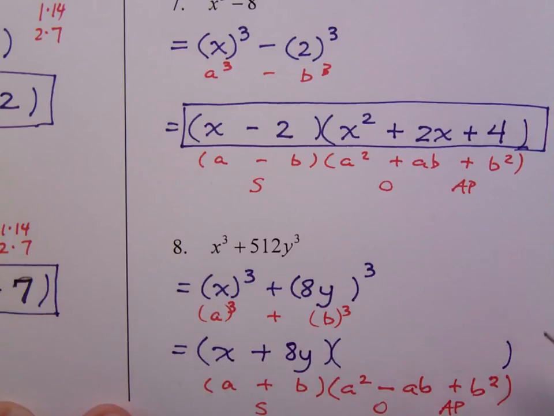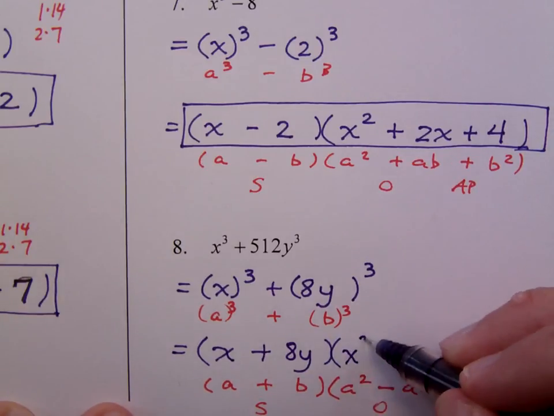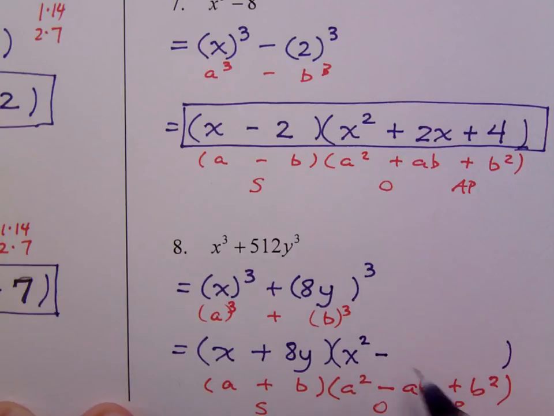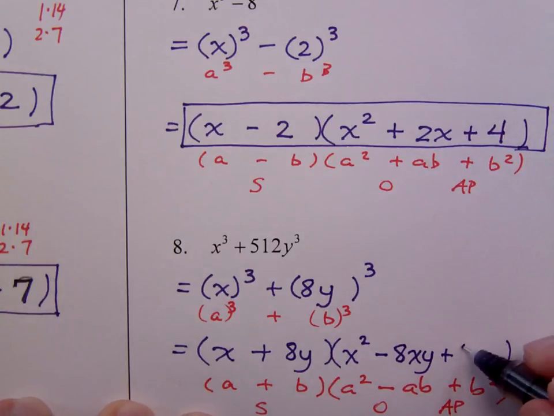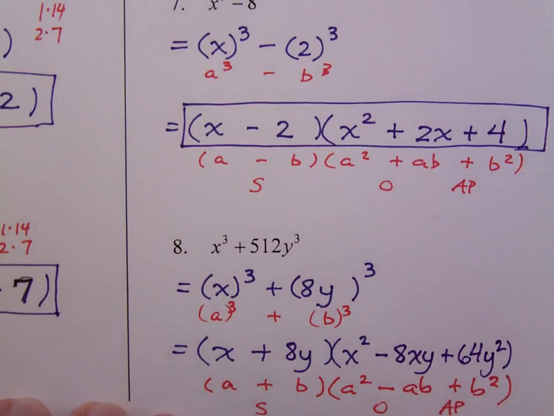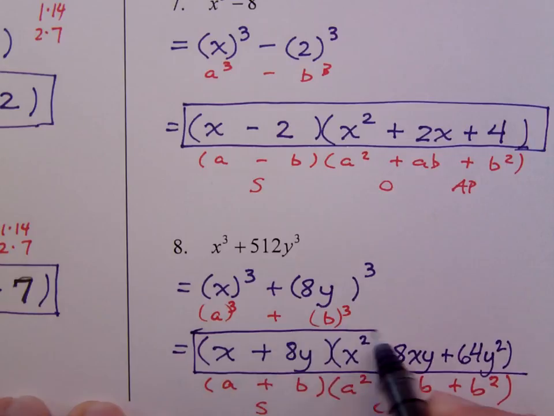A squared is x squared minus ab, so the product of these two guys is 8xy, plus b squared. Well, 8y is my b, so if I square that, I get 64y squared. And just like in number 7, once you use this sum of cubes formula, you're going to be done.